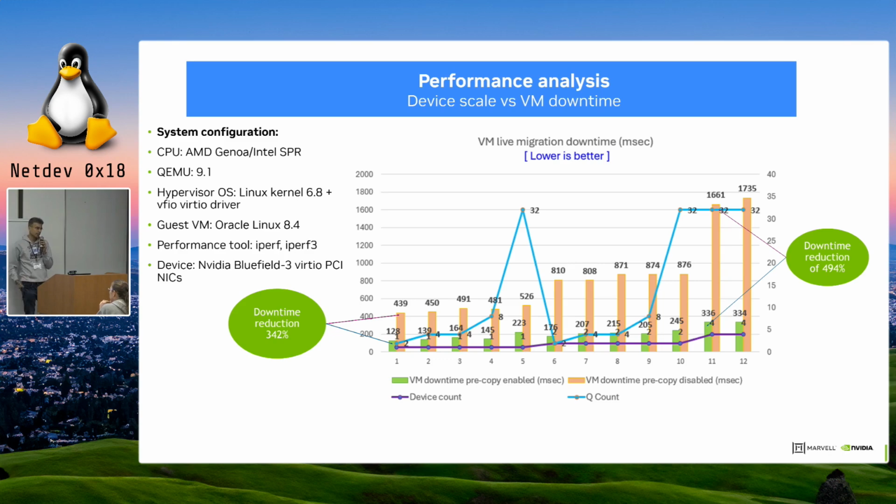We bring it down to 334 milliseconds. So we didn't achieve one here, but we are close to the O(1) target that we want, from 128 to 334, where from 2 queues we scale up to 32 into 4 or more queues.